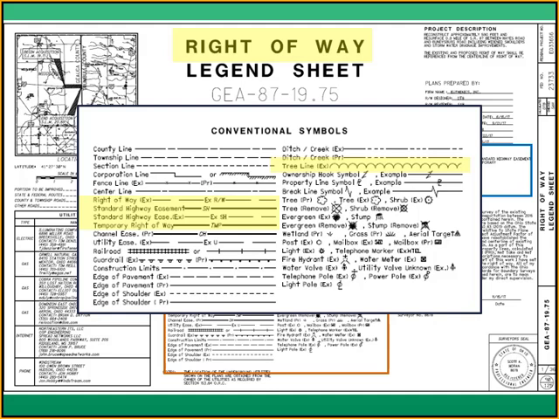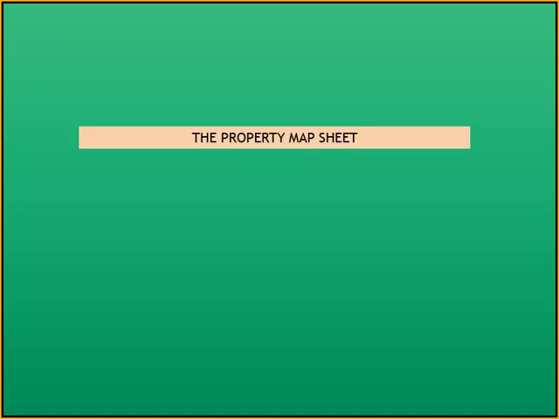You're going to see a solid black line with an SH in it. That will be the proposed take for an SH. And you're going to see another solid black line with TMP in it. That'll be the proposed taking for the new temporary. Also, you're going to see tree lines, and they are shown as a squiggly line. Those are all outlined in yellow in front of you.